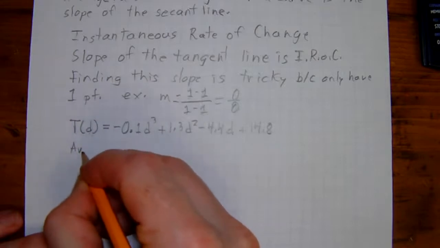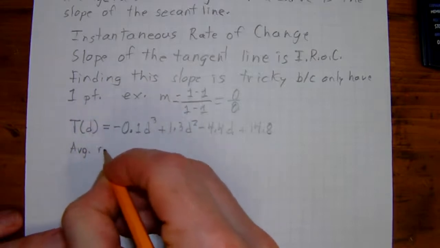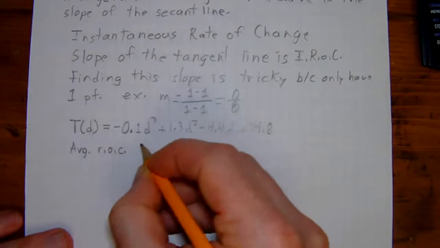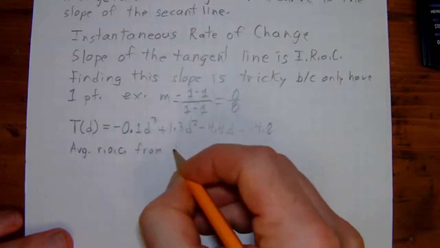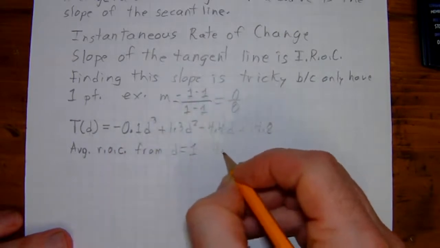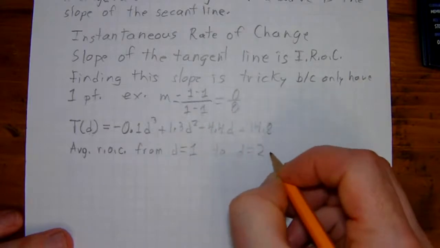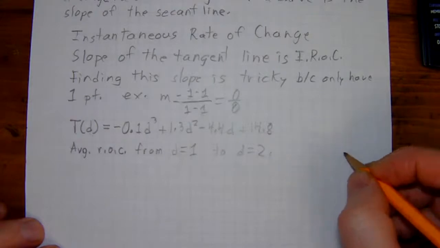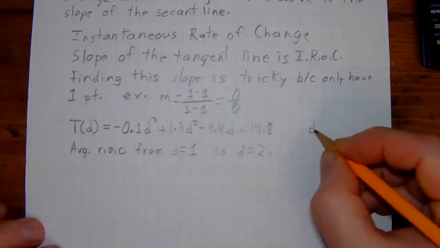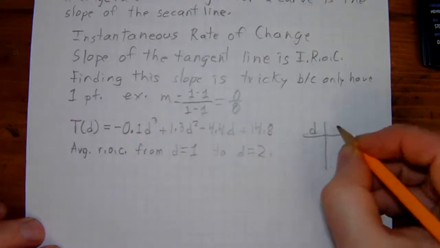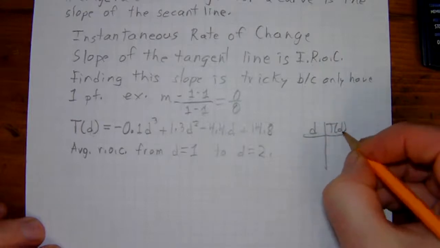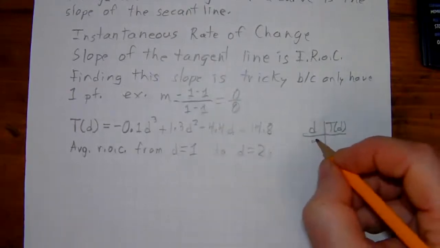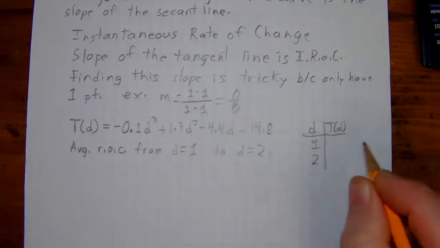So average rate of change from D equals 1 to D equals 2. The first thing that we need to do is make ourselves a little table of values here so that we have the right 2 points to put in. So we have day 1, we have day 2.